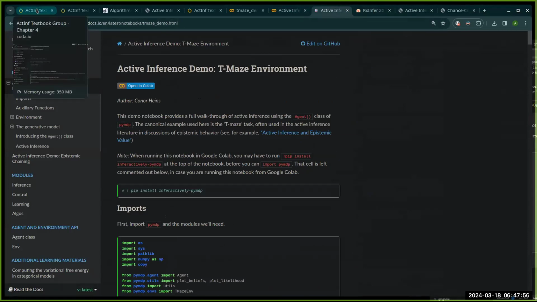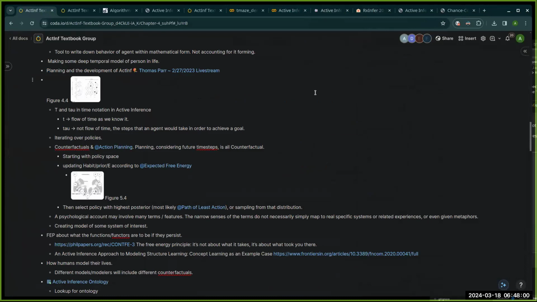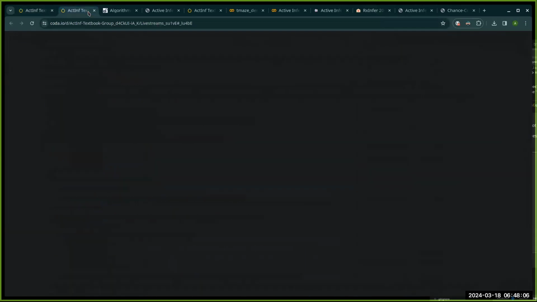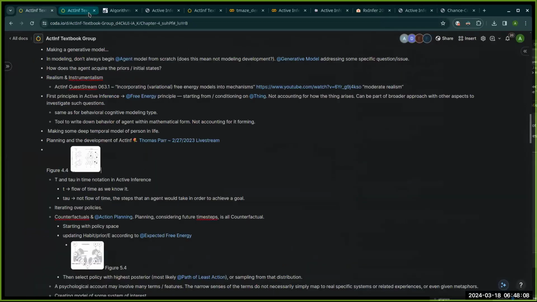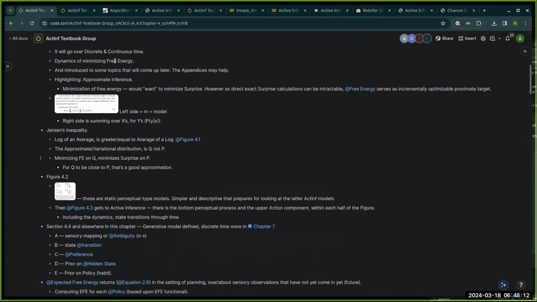Because although it can feel, and it is true on one hand, that it's more flavors or more material or more variants, it's actually a very important decision that they took in the textbook to have figure 4.3. They don't introduce just the discrete time and then later go to continuous time. They introduce them jointly to emphasize that there isn't only one way to treat time in active inference. Okay, so that's how I've been approaching it too.